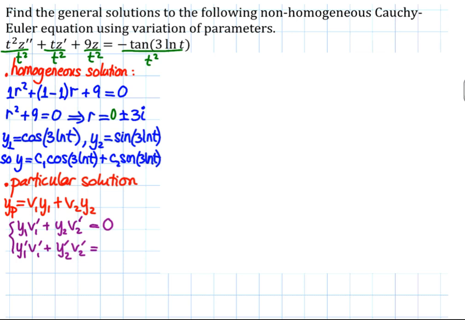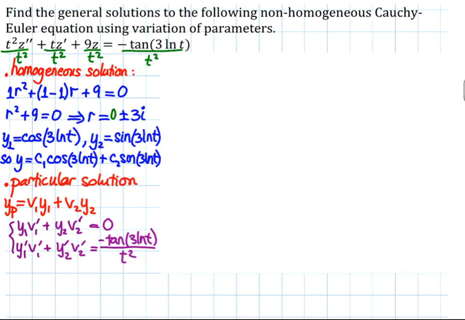What we have there is just negative tangent of 3 ln t divided by t squared.